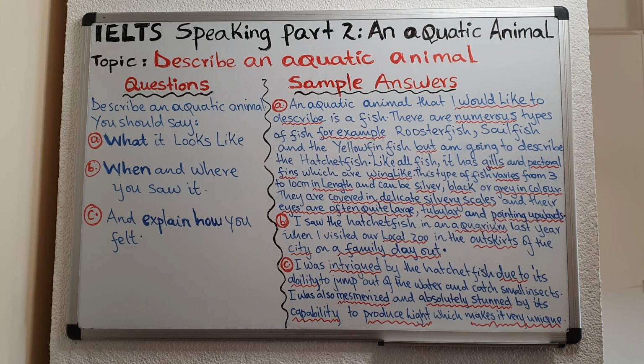Capability means ability. So I don't want to use the word ability twice because I'm aiming for a band 9. So I use the word capability, which means ability. To be absolutely stunned is to be absolutely shocked by its capability to produce light, which makes it very unique.